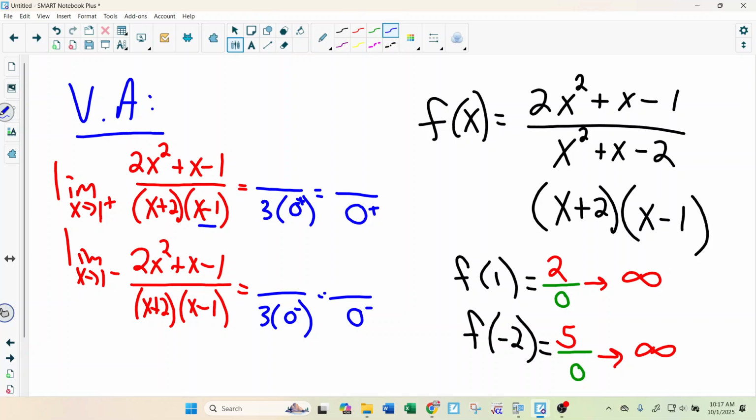And both of these, if you plug it into the top, we kind of already did it over there, you get 2. So what does that tell us? You approach 1 from the right, you get infinity, and from the left, you get negative infinity. Okay.